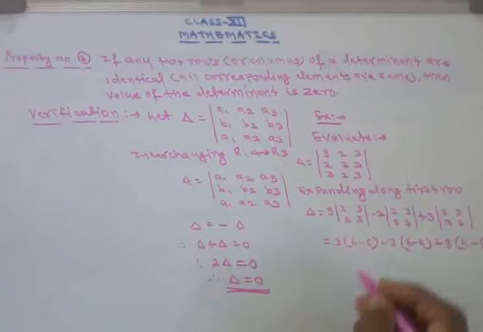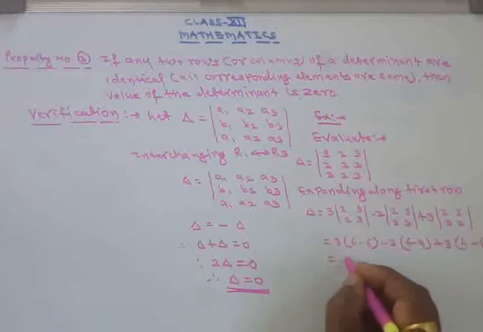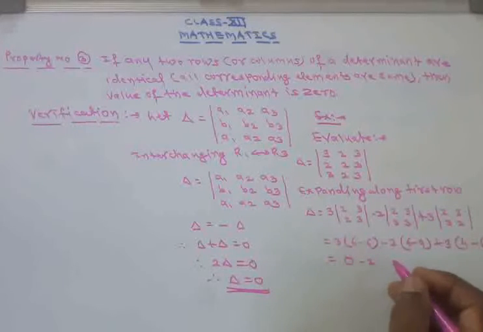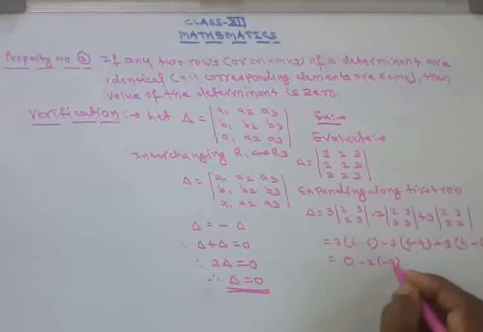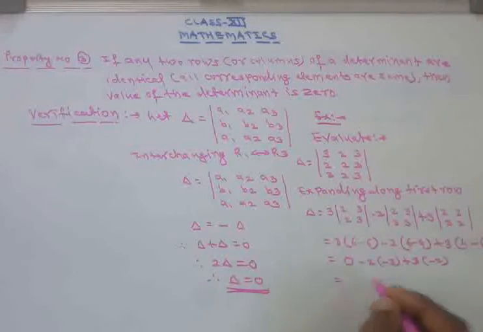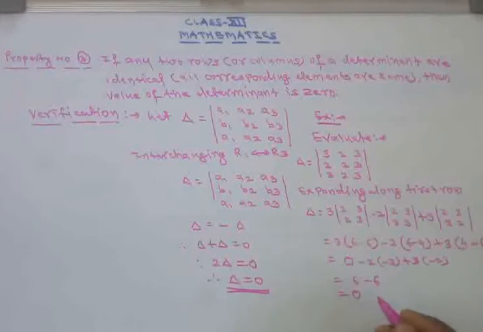So 6 minus 6 is 0, then minus 2 into minus 3 is plus 6, and plus 3 into minus 2 is minus 6, so you are getting 0.